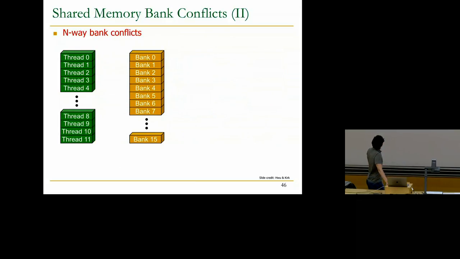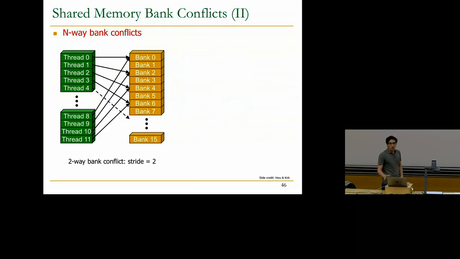When are we going to have bank conflicts? When we have, for example, in this case, 2 threads accessing the same bank, probably different memory positions. It doesn't need to be the same memory address. And actually, if it's the same memory address, that's good, because we just need to access once, and then the retrieved value is broadcast or multicasted to all the different threads that want to access the same value.